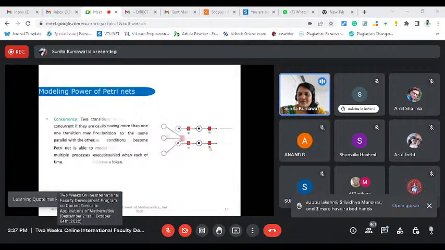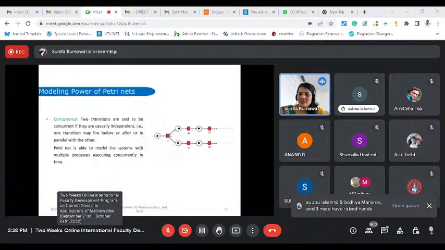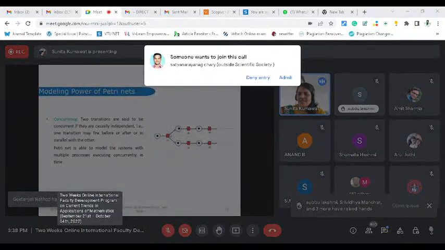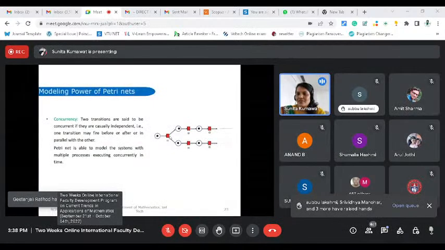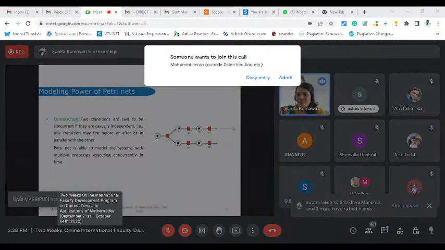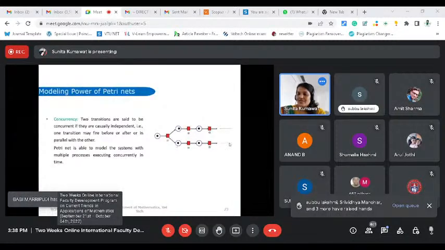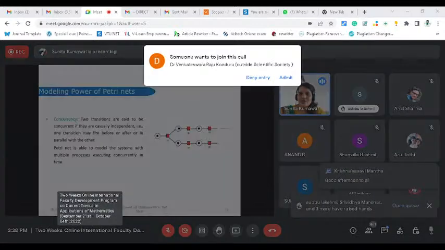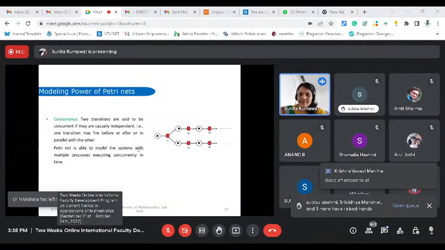First, T1 fires and the process goes on, and after finishing the first process, there is some sequence of processes going on, and another sequence of processes going on. So these are going on in parallel, you can see. This type of situation can also be modeled by Petri nets, and you can analyze the system.